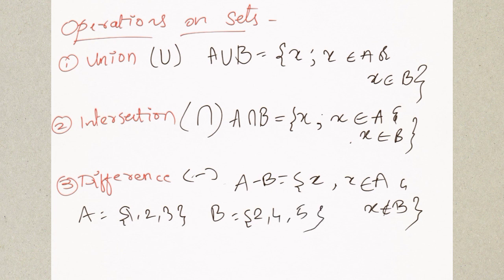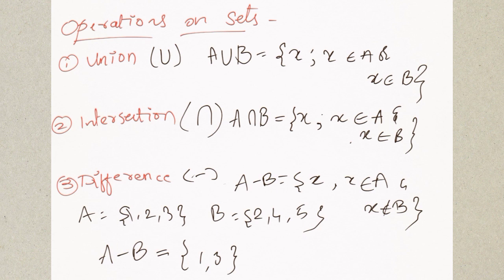To find A minus B, X should belong to A but it should not belong to B. So the answer is {1, 3} because 2 is present in the second set, B, whereas 1 and 3 belong only to set A. So that is the answer.